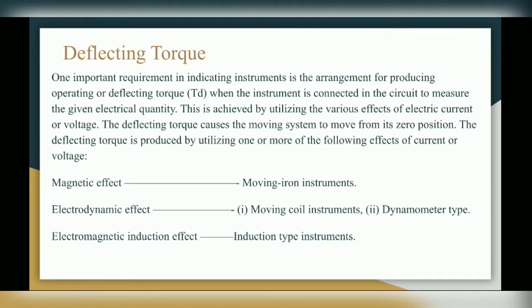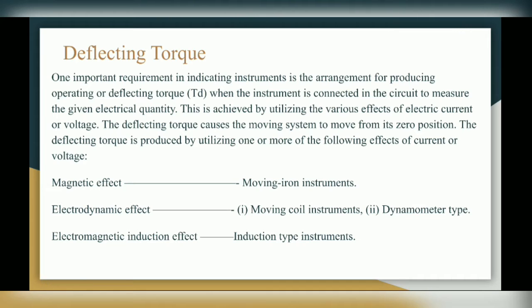One important requirement in indicating instrument is the arrangement for producing operating or deflecting torque when the instrument is connected in the circuit to measure the given electrical quantity. This is achieved by utilizing the various effects of electric current or voltage.